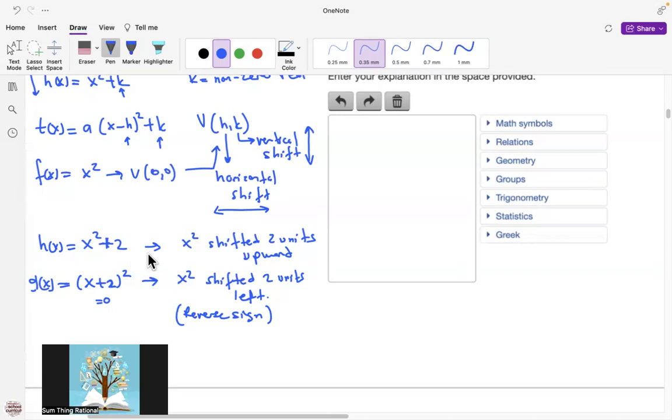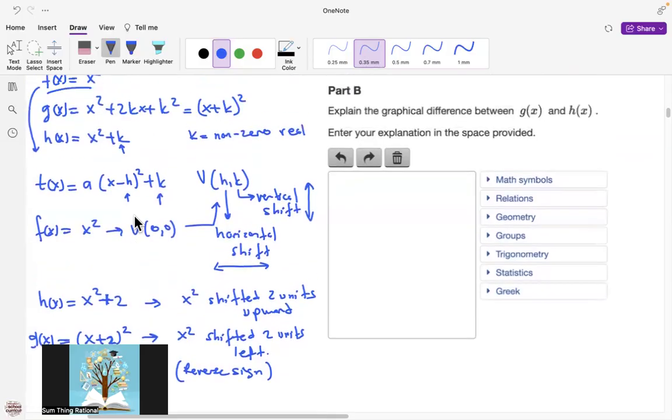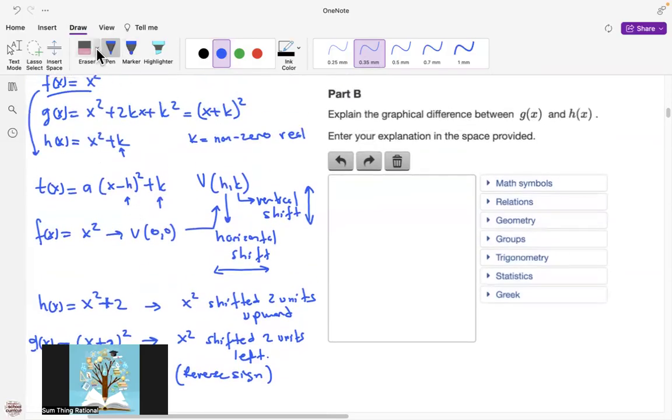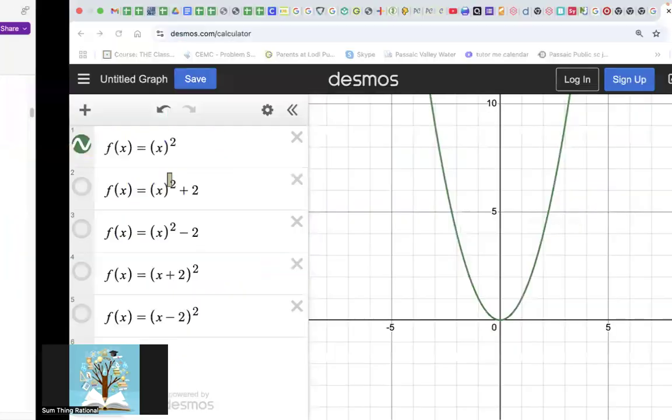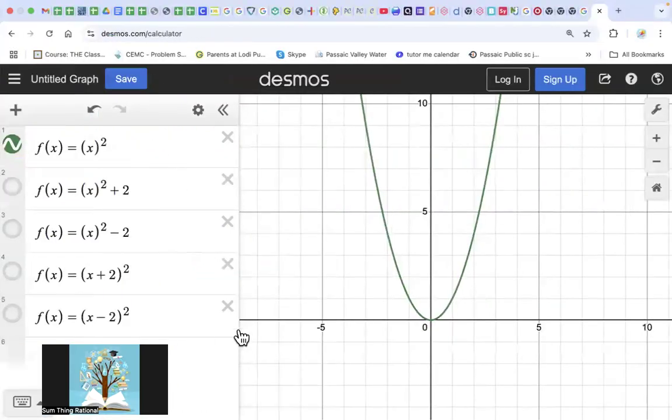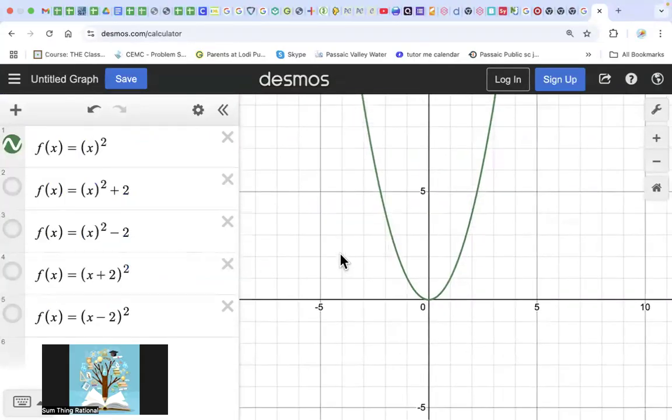So graphically, let me highlight these two functions. This function and this function are different from each other. Let me show something on Desmos. As you see here, this is the graph of x squared.